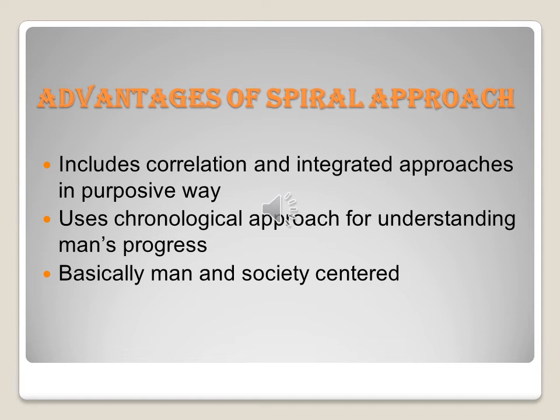Man and society centered means that when you are teaching the children ancient history, it says what the lifestyle of man was, how man lived, what his society was, what his relationship with other human beings was, what his economic life was, what type of occupation he had, what culture he had, what language he spoke, and how he had relationships with other people.